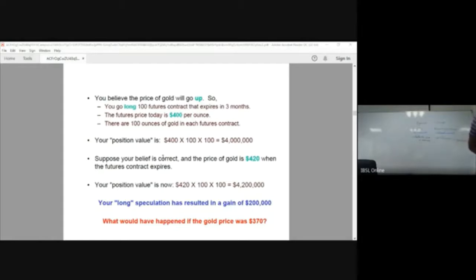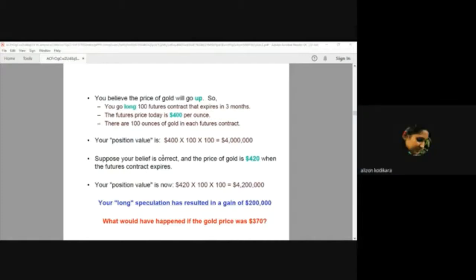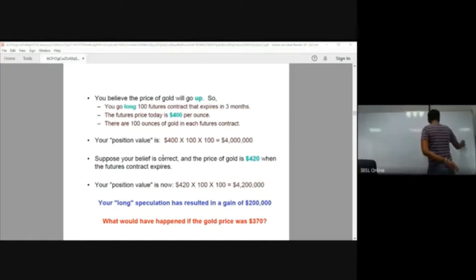And there's a question, what would have happened if the price of gold went to 370? What do you think? If the price of gold dropped, what happens? Yes, you will lose 300,000, right?